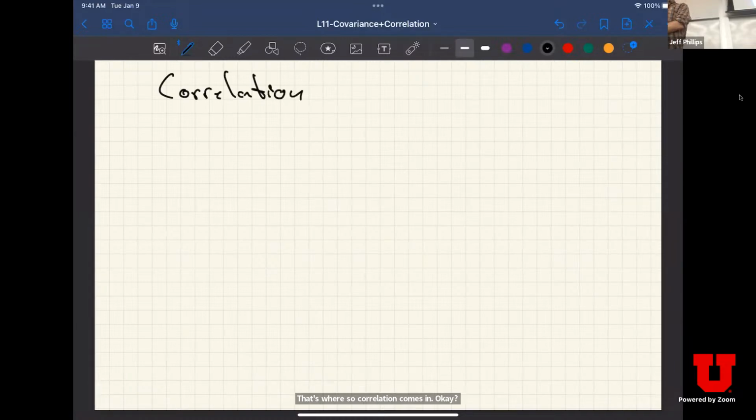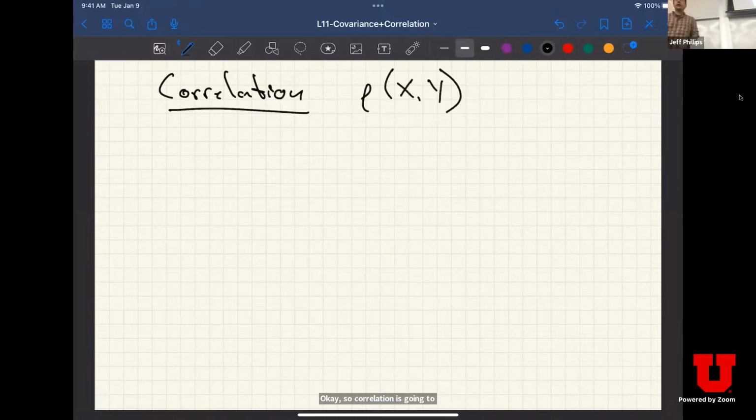Okay, so correlation is going to be, we'll use rho of X and Y. This one is kind of a version of covariance that has some notion of scale. We know if something is big or if it's not big.